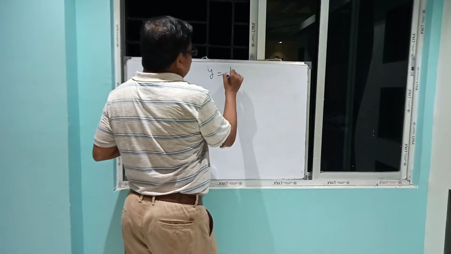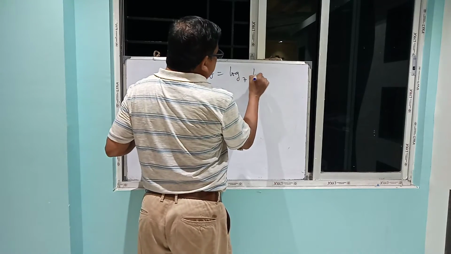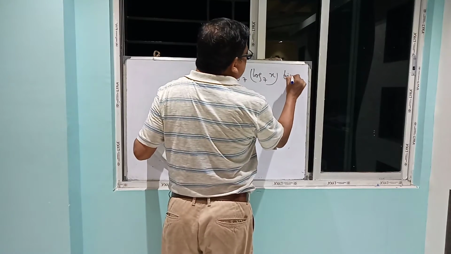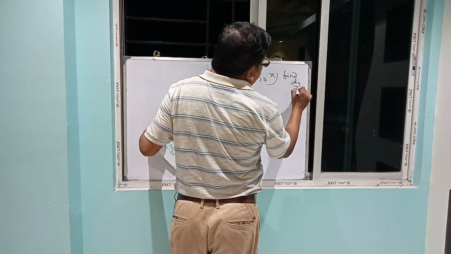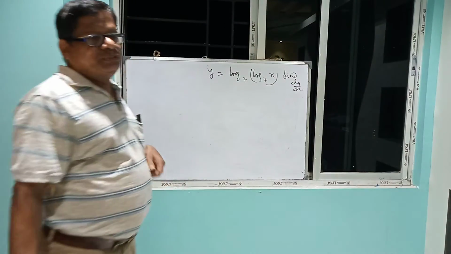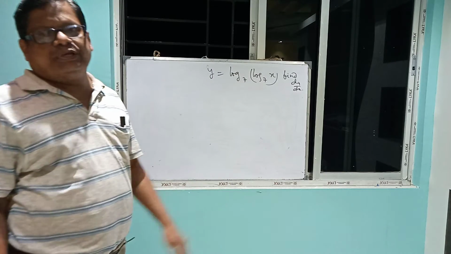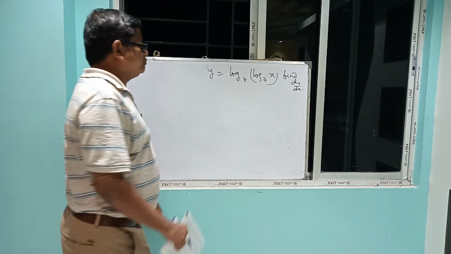Okay, now write here y equal to log 7 base x, this one. Find dy dx. Find dy dx. So keep in mind log base is always e, but here 7 is given. Okay, then how to do?